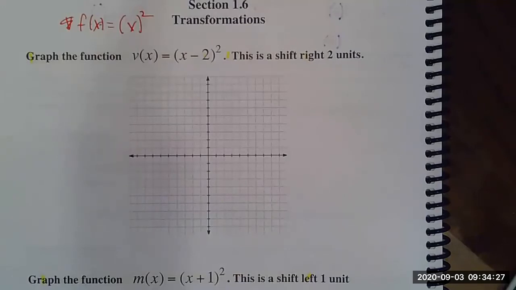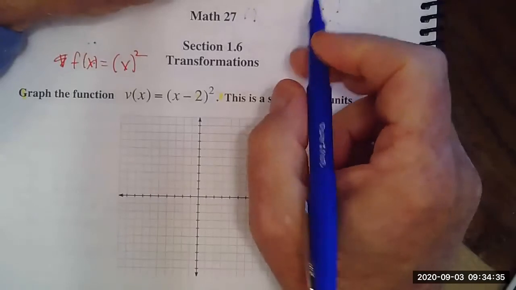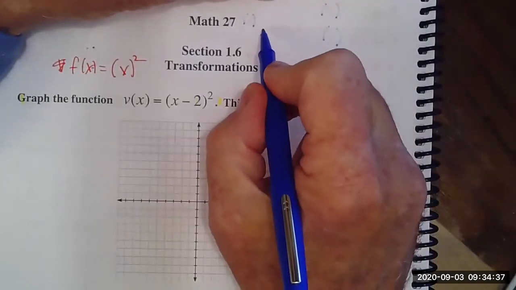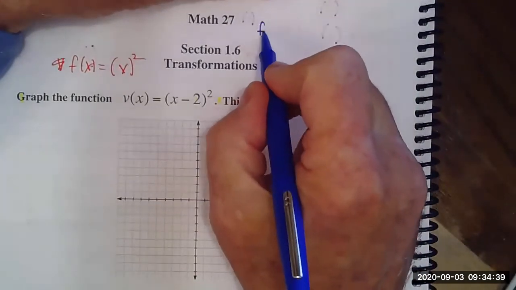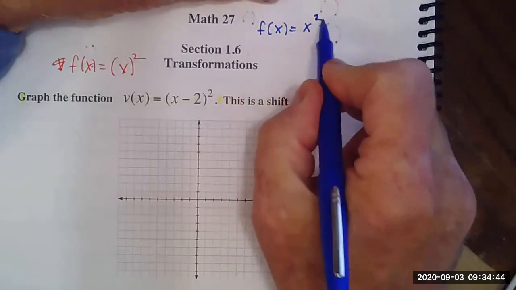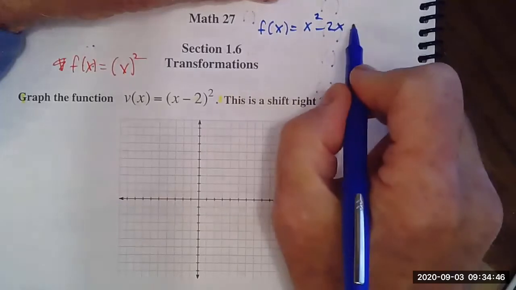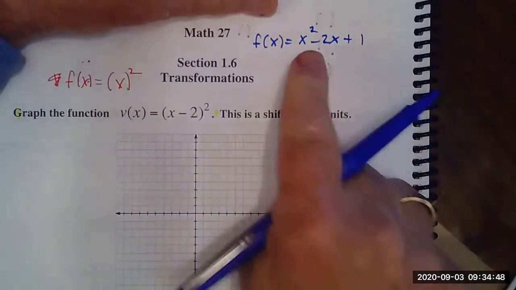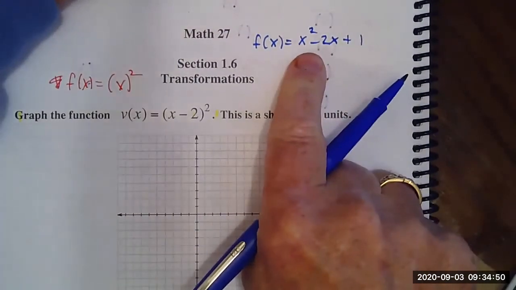When you did your intermediate algebra class, which all instructors do here at SRJC anyway, they'll take a function that might look like this and say, hey, figure out the vertex on that.